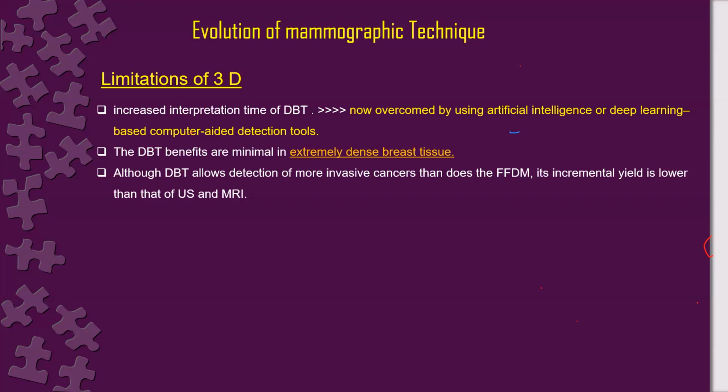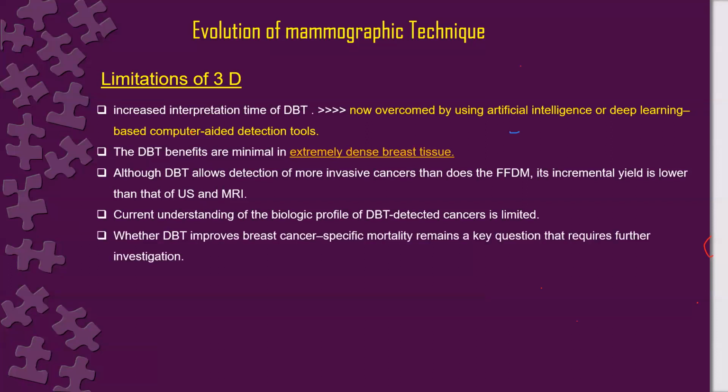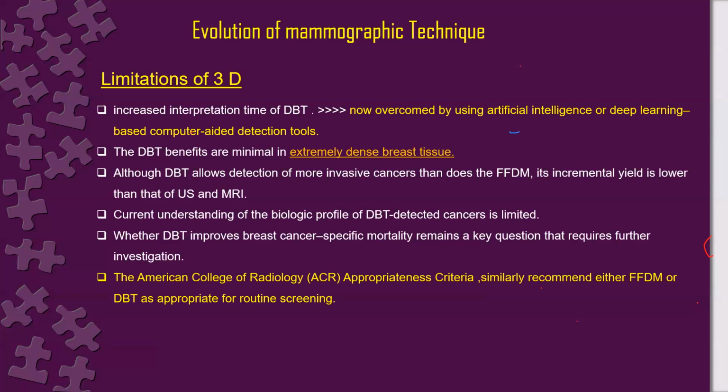However, its incremental yield is lower than that of ultrasound and MRI. The current understanding of the biological profile of tomosynthesis-detected cancer is still limited, and whether tomosynthesis improves cancer-specific mortality remains a key question that requires further investigation.